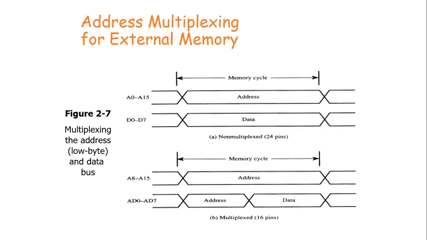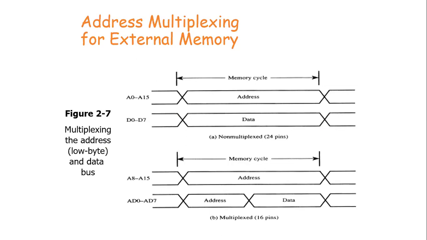The 8051 has 16 address lines and 8 data lines. Out of the 16 address lines, 8 address lines are multiplexed with the 8 data lines, AD0 to AD7. That means those pins can be used as data lines as well as address lines. For that there is the address latch enable pin.